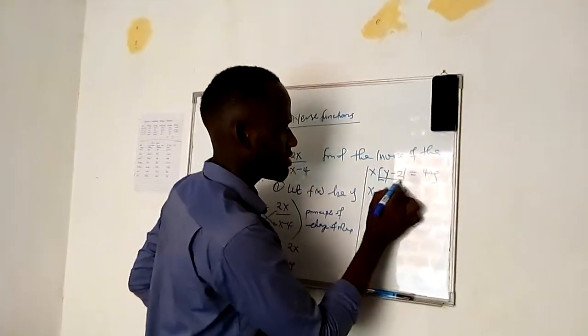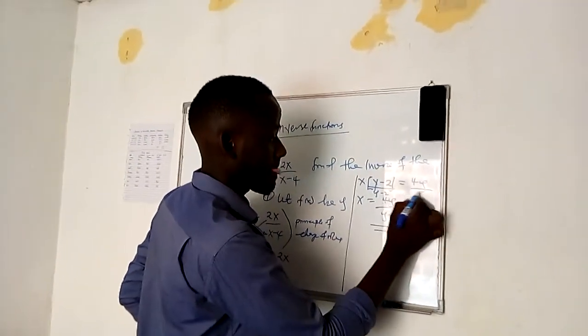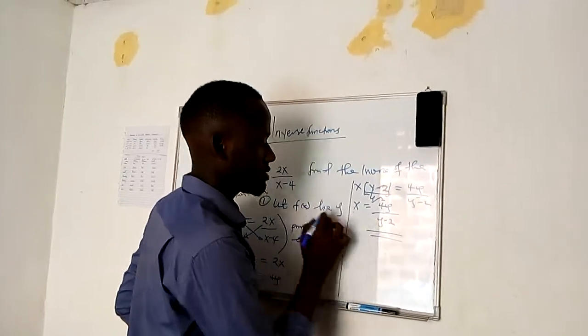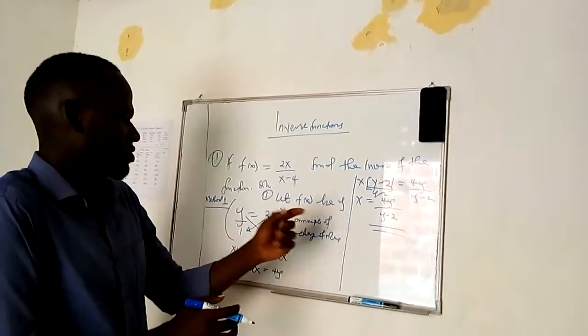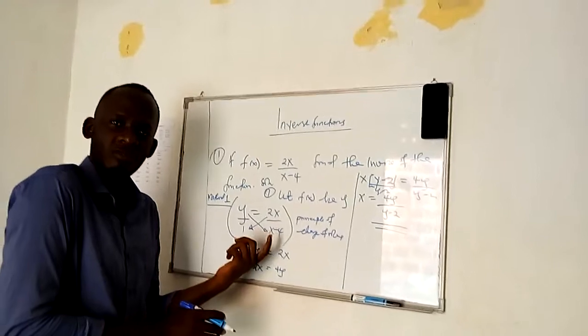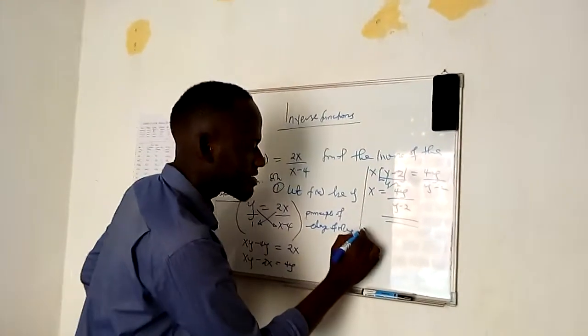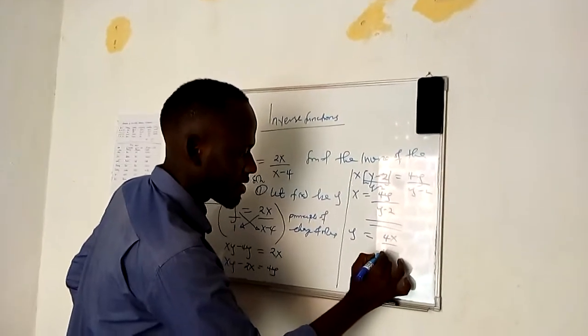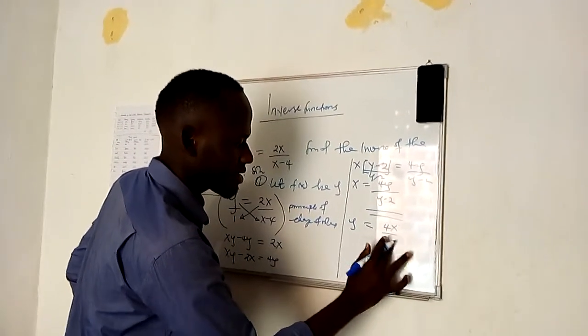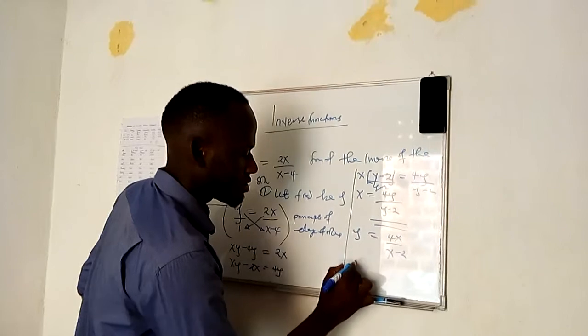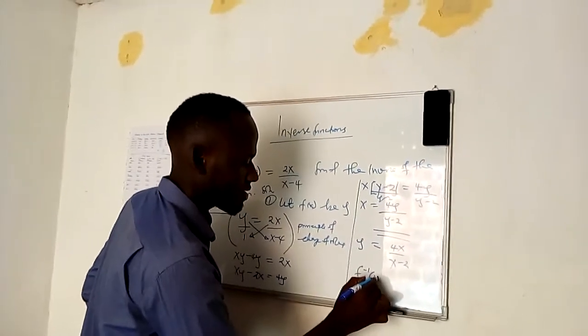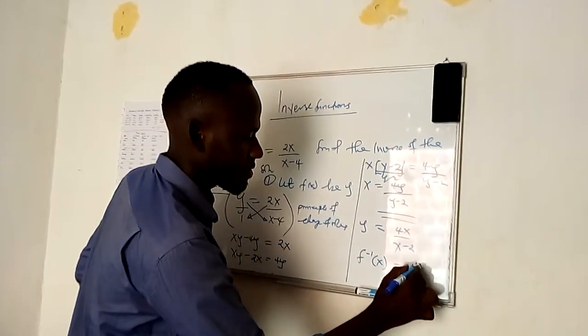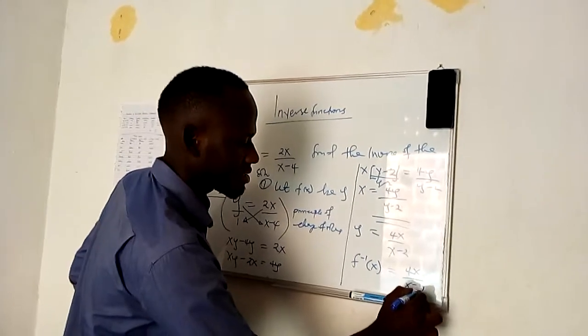You put this y minus 2 under, this crosses with this and x remains. But going back to our principle of change of roles, what has been x becomes y, and what has been y becomes x. So 4x over x minus 2. So our f inverse of x will be equal to 4x over x minus 2.